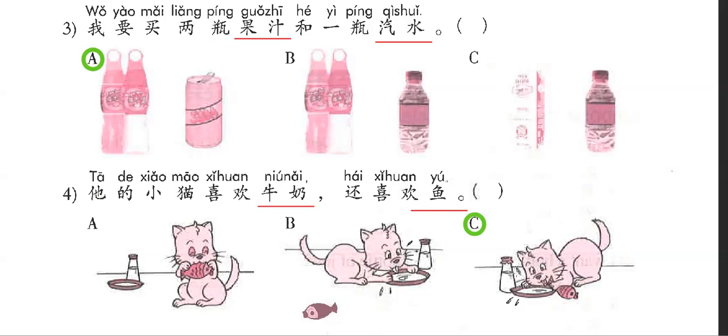But in this picture, the cat is drinking milk and also holding a fish. So we can see that this one is the correct answer. Please take notes as we are going to continue with the next activity. You can now stop the video for a moment.